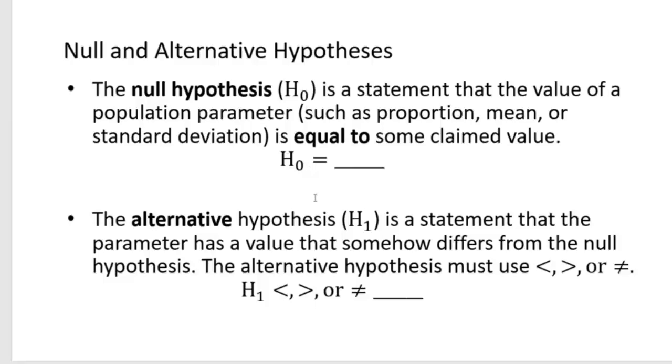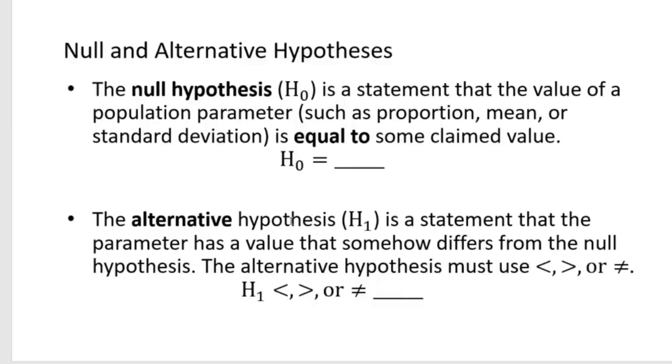When you are writing hypotheses, and that's part of what you'll have to do, either write them or identify them, H sub 0 will always use an equal sign, and it will be equal to some claimed value. Even if you wanted to test that a population proportion was greater than 43%, the null hypothesis, H sub 0, would be that it was equal to 43%.